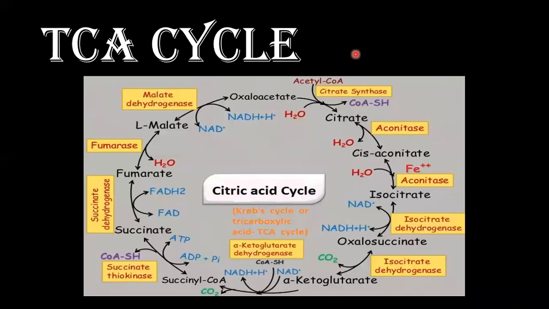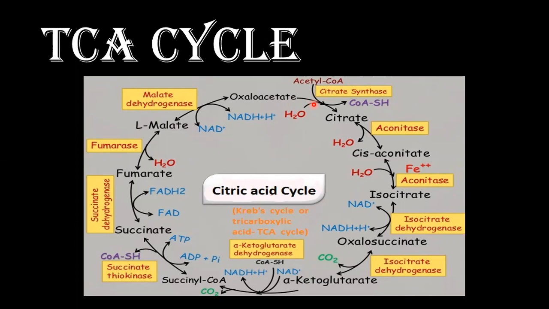So this is our TCA cycle. What are the things we need to remember about the TCA cycle? First, go back. What we know about the TCA cycle is that it is a series of reactions taking place in mitochondria that oxidize acetyl-CoA, and the reduced coenzymes are reoxidized through the electron transport chain linked to the formation of ATP.